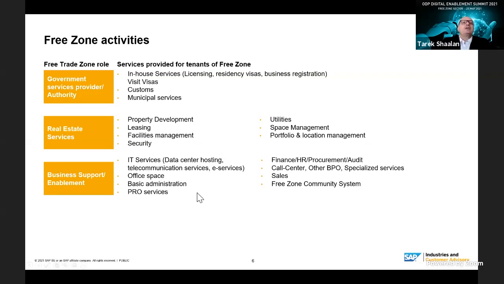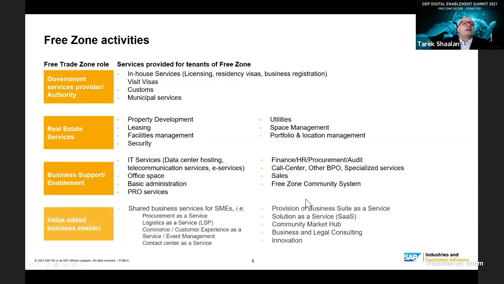Some of these services might be IT services like data center hosting, telecommunication services, e-services, office spaces, basic administration that can be shared, PRO services, audit services like for finance, HR, procurement, call centers, specialized services, some sales, in addition to a free zone community system, which is something like the port community system in ports, but this one is more related to the free zone, especially if it's a dry port and inland.